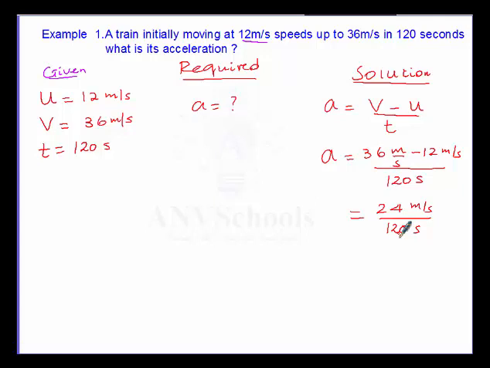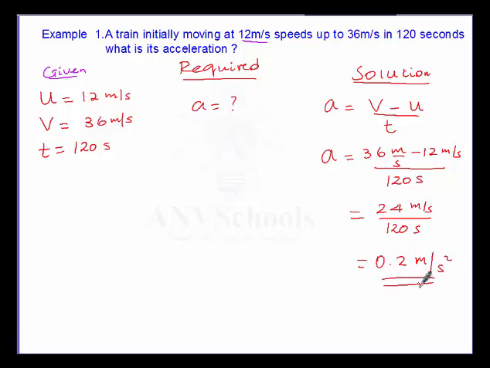You can use a calculator to find the quotient of these two numbers. 24 divided by 120 is equal to 0.2 meter per second square.